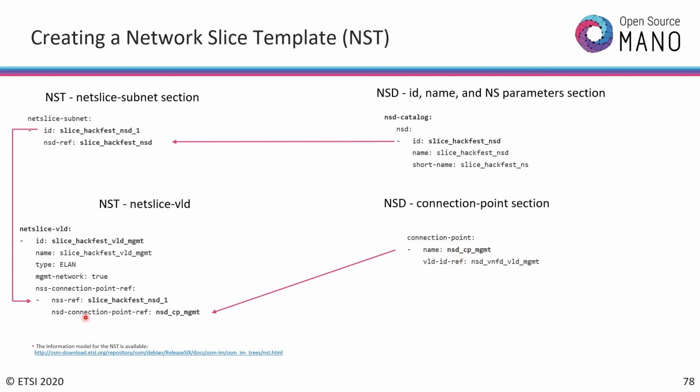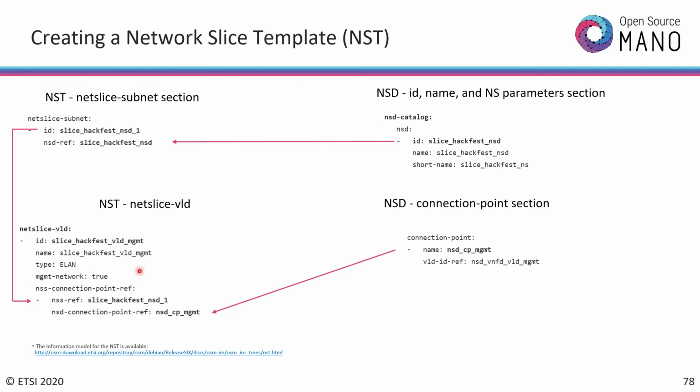So in this particular case, we are going to use the first network slice subnet, which references a network service descriptor that has the connection point management. This is the connection point that we will connect our VLD to, for the slice.